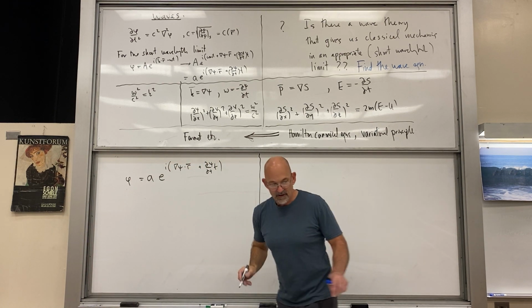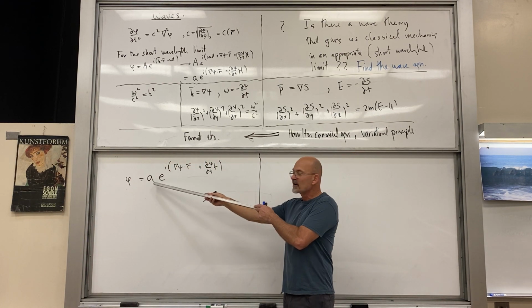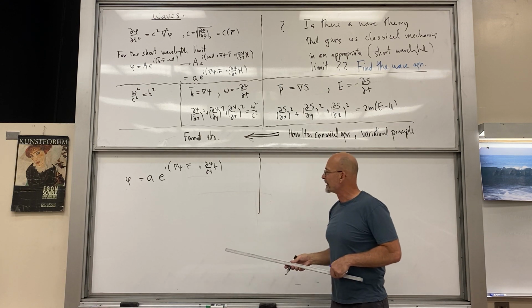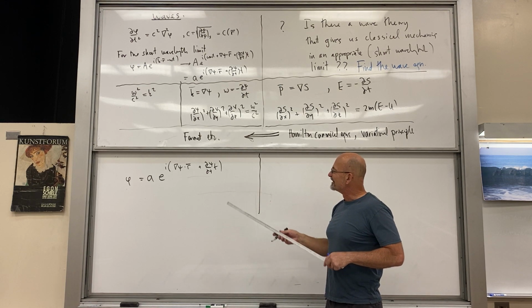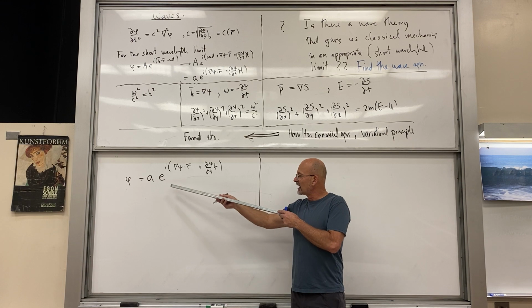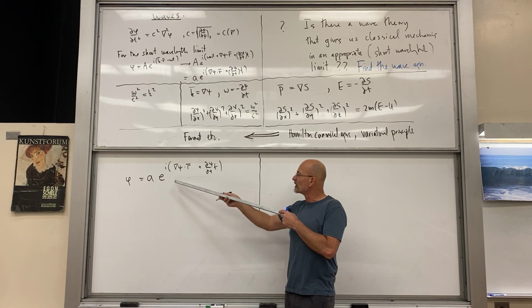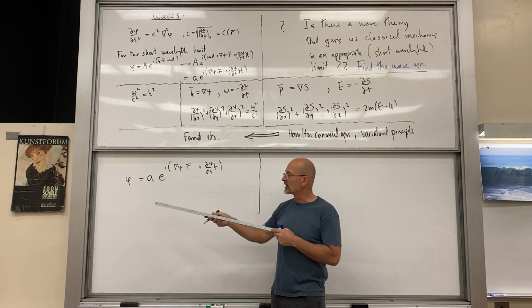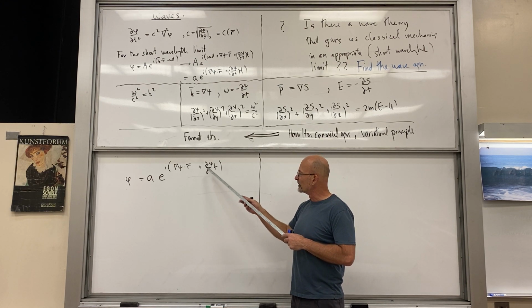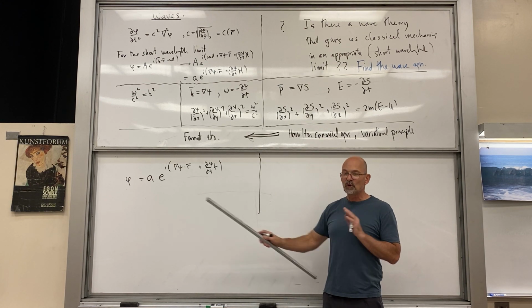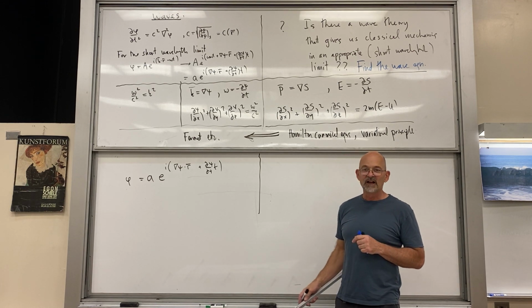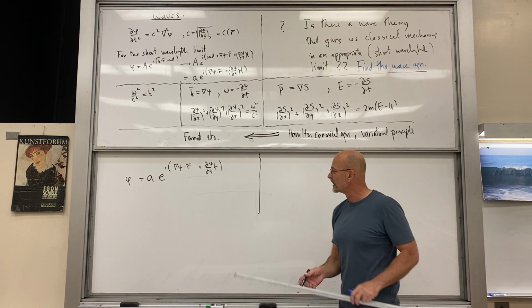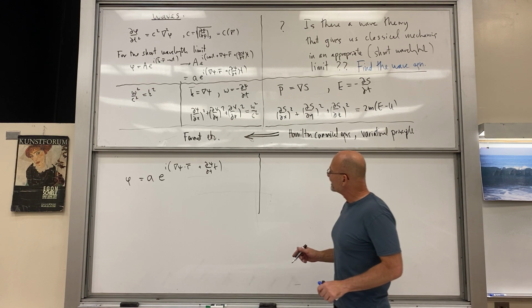Remember, this a was a function of the coordinates that changed very slowly. That was a little hand-wavy, but I'm going to assign the rigorous version of this derivation to you guys, which will just be a bunch of algebra, okay? But we'll leave no i undotted by the time we're done with this. Okay, so we have that.